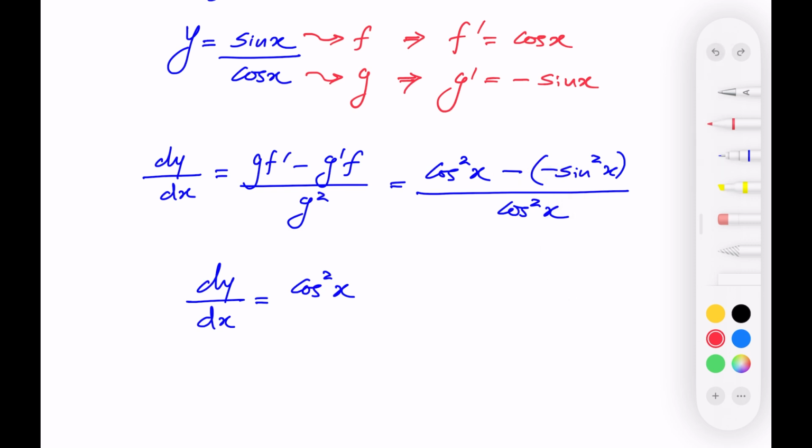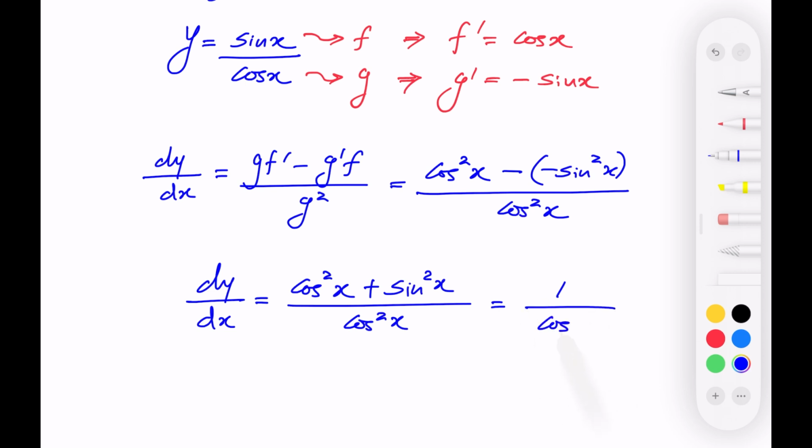Those two will simplify to become a positive sine squared x. In the bottom, I have cosine squared x. What is cosine squared x plus sine squared x? That's the first Pythagorean identity from trig, and that's equal to 1. That's divided by cosine squared x.